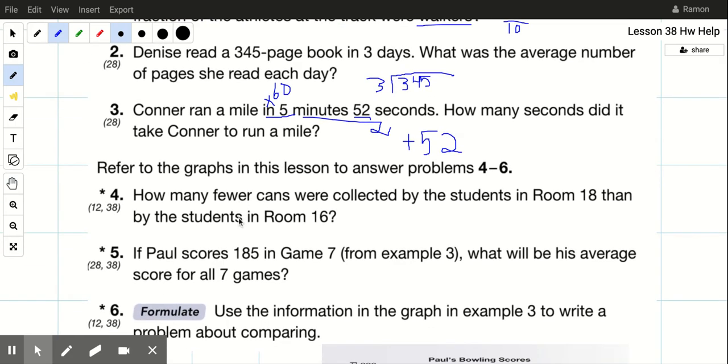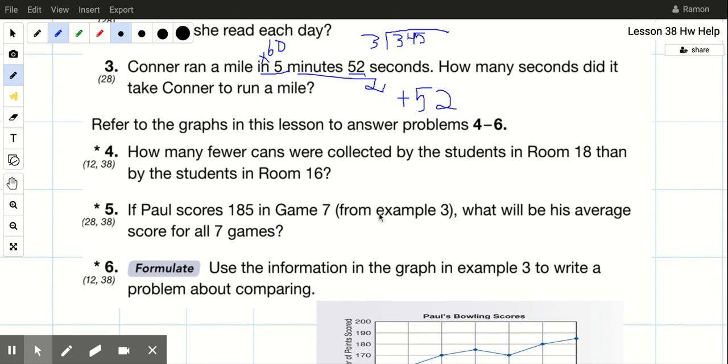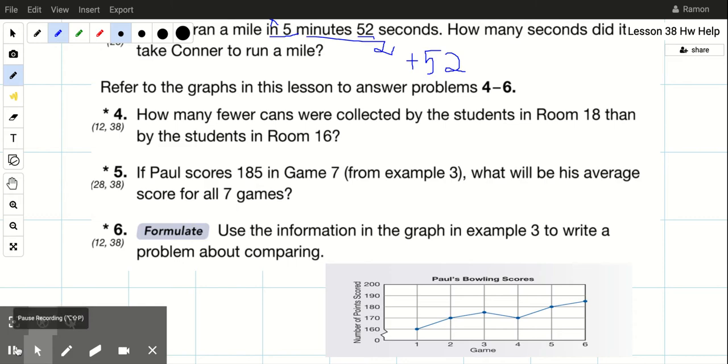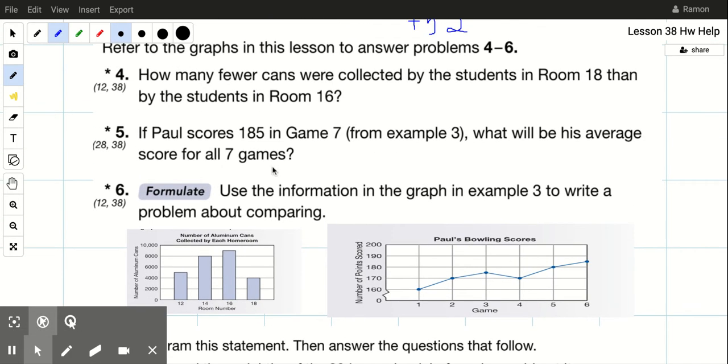For number 4, refer to the graphs in this lesson to answer problems 4 through 6. Number 4, how many fewer cans were collected by students in room 18 than by the students in room 16? In this comparison, we just have to find the value for room 16 and the value for room 18. Since it's fewer, we're going to subtract.